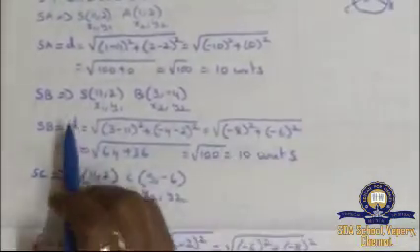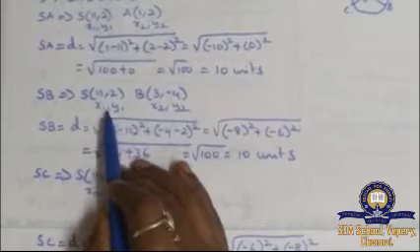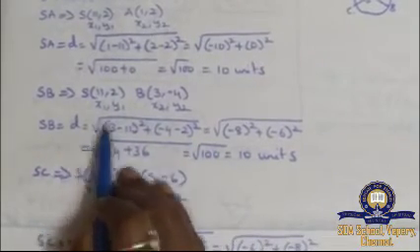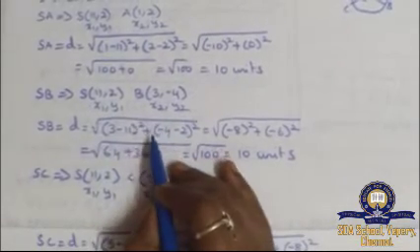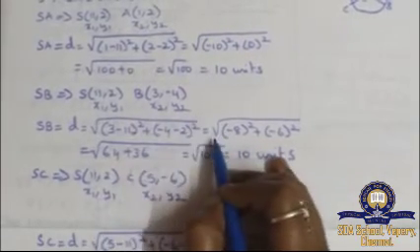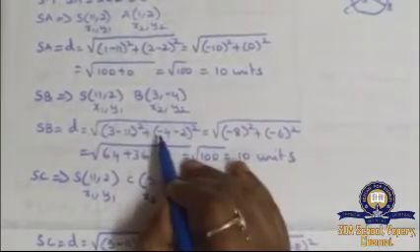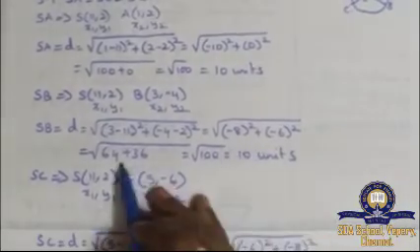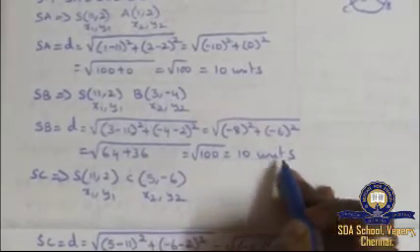In the same way, finding SB: S is (11, 2), B is (3, minus 4). So D is equal to root of (x2, 3, minus x1, 11) the whole square plus (y2, minus 4, minus y1, 2) the whole square. Next step, 3 minus 11 is minus 8 the whole square, plus minus 4 minus 2 gives minus 6 the whole square. 8 squared is 64, 6 squared is 36, and 64 plus 36 is root 100, so 10 units.